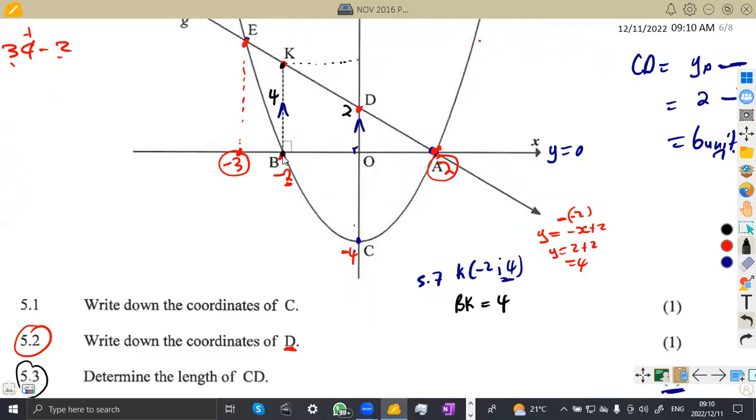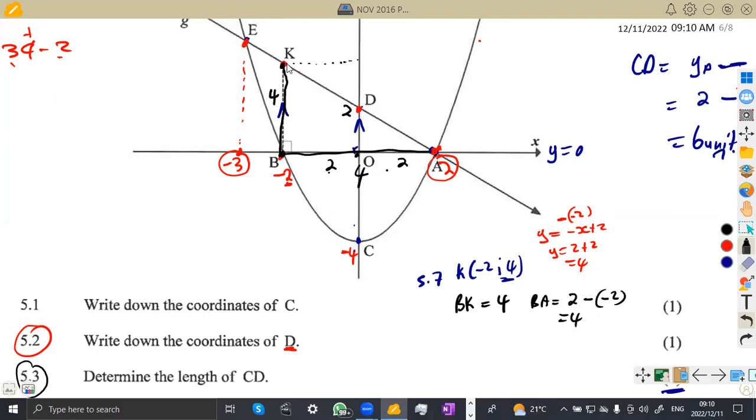And from B to A, we can calculate the units because this is -2, this is 2. So BA is going to be 2 minus -2, which is also 4 units. Or you can say from B to 0 is 2 units, from 0 to A is 2 units, so you add 2 plus 2, that's 4 units. So from B to A, we have got 4 units.